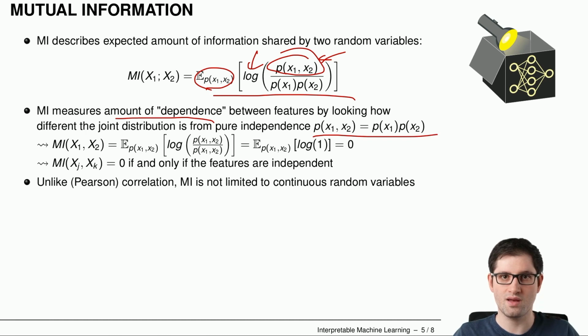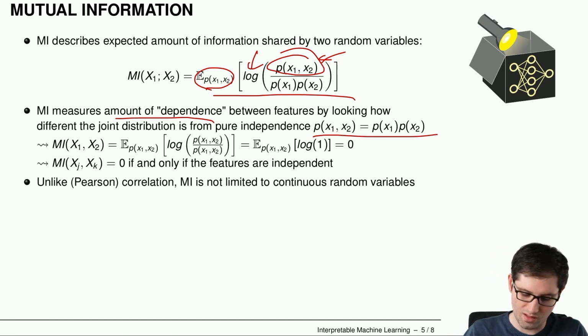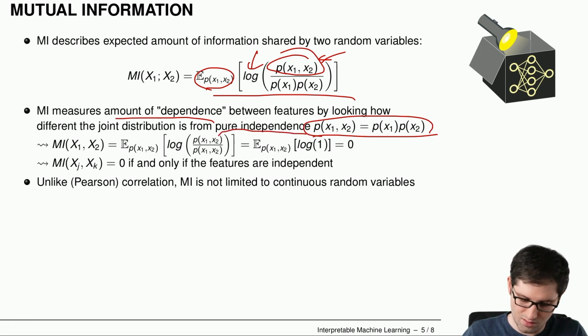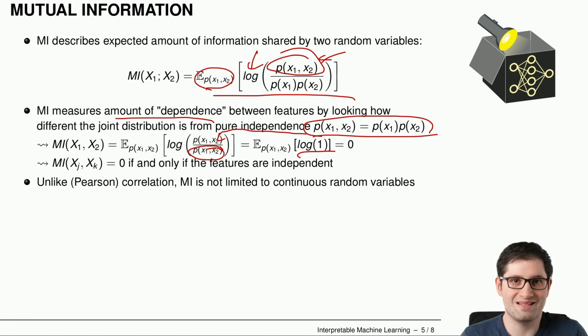The easiest way to see this is by plugging in the definition of independence, which ends up in the logarithm of 1, and in the end is 0.